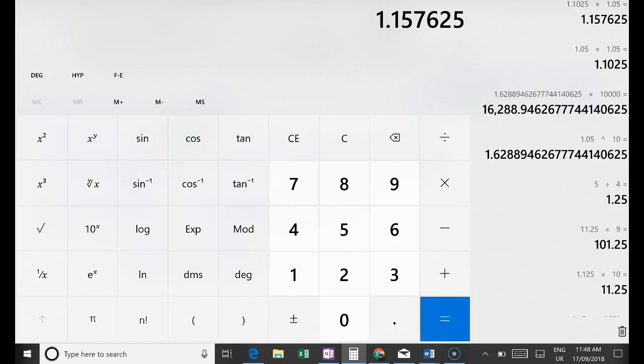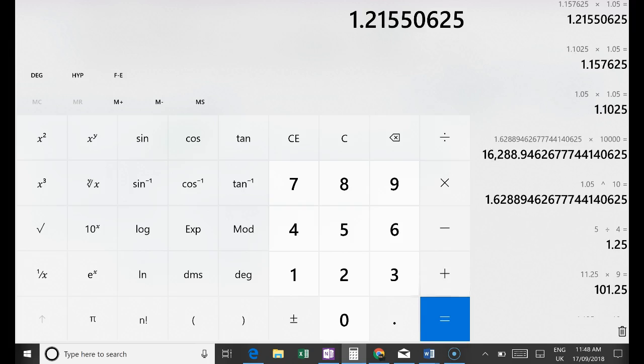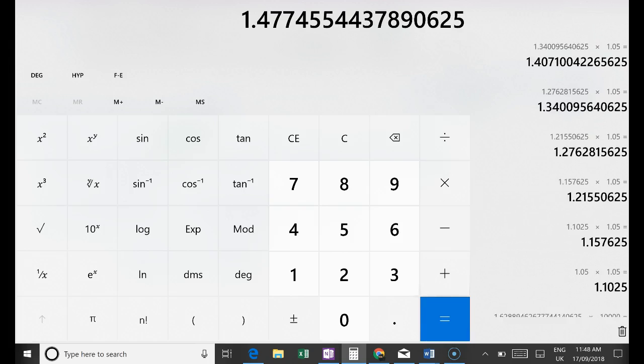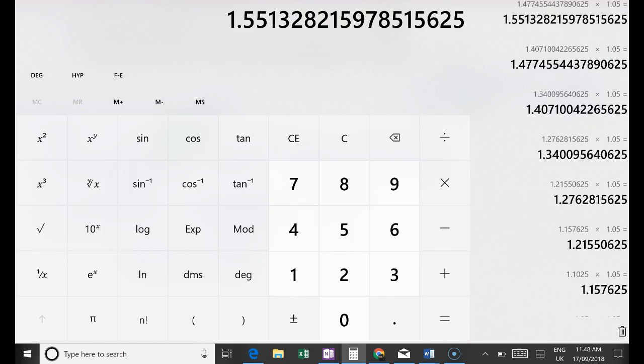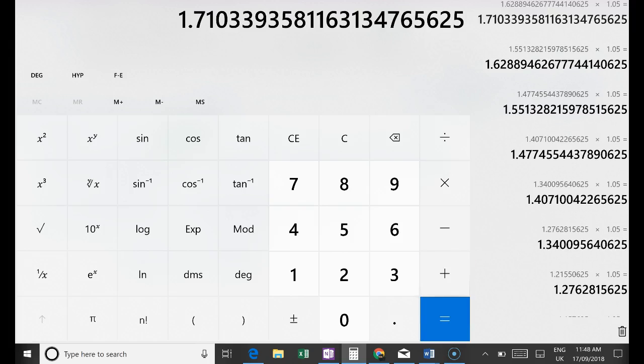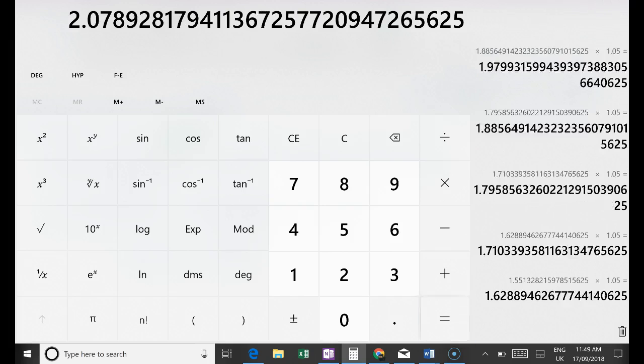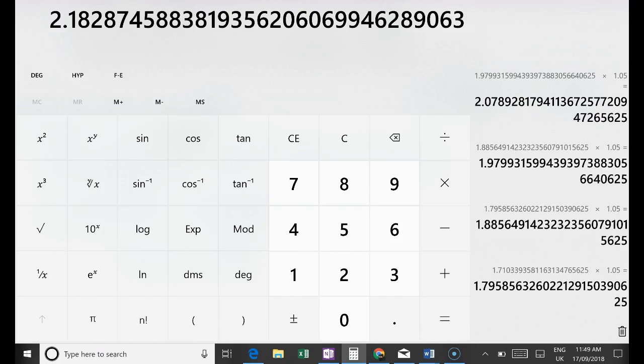So now that's 3 times. If I press equals again, that gives me 4 times, 5 times, 6 times, up to 16 times.